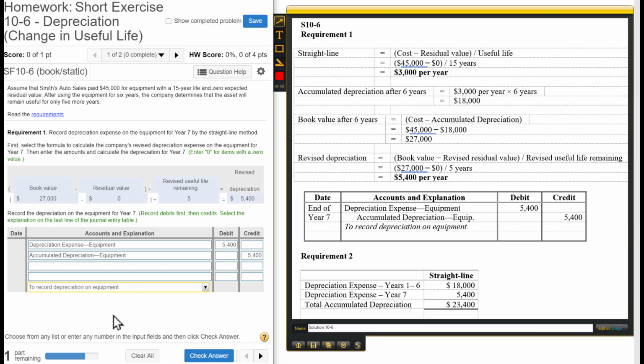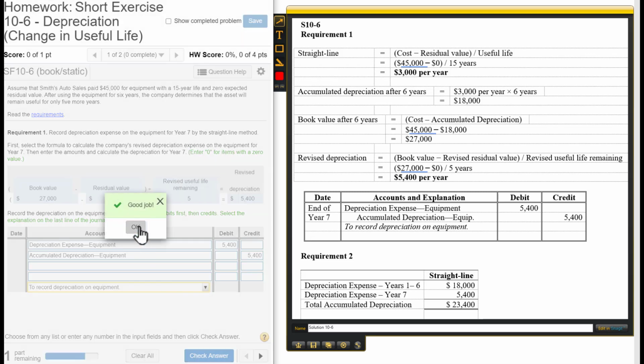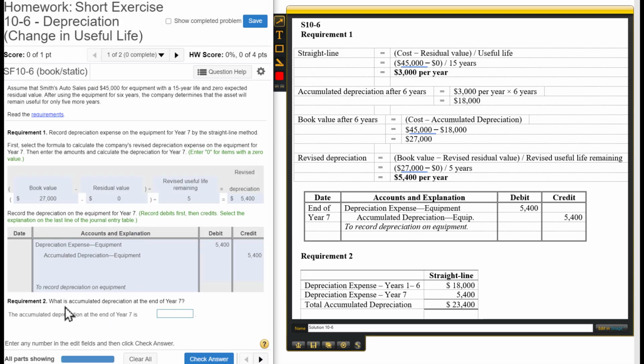And then the last thing, what is accumulated depreciation at the end of year 7? So remember, years 1 through 6, we had $3,000 of depreciation per year. So for the first 6 years, we had $18,000 depreciation, which I've listed here for requirement 2.